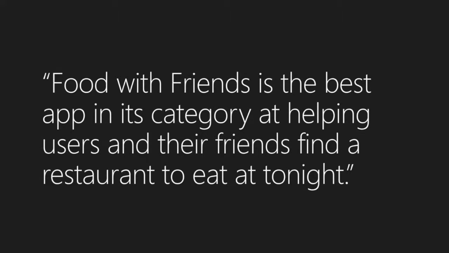Food with Friends, as an application, is the best app in its category at helping users and their friends find a restaurant to eat tonight. Immediately you're able to see that this application is going to try to achieve a specific goal, that being finding a restaurant to eat at tonight.